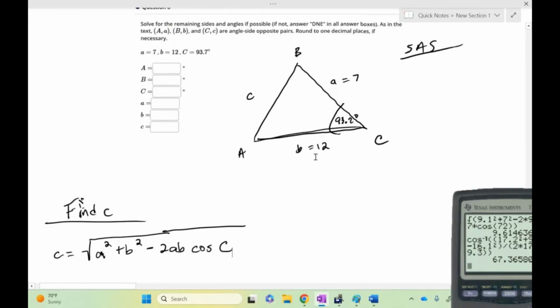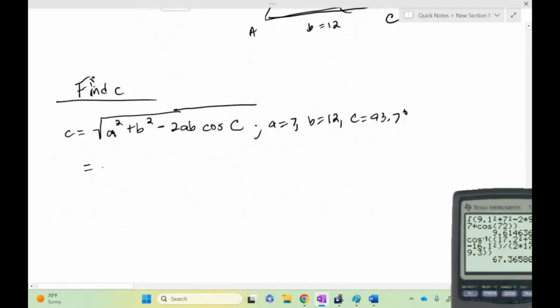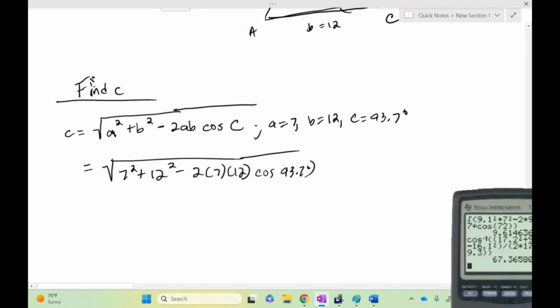One of the legs squared plus the other leg squared minus 2 times the legs times the cosine of that given angle. So we're going to substitute A for 7, B for 12, and C for 93.7 degrees. So that gives us 7 squared plus 12 squared minus 2 times 7 times 12 times the cosine of 93.7.